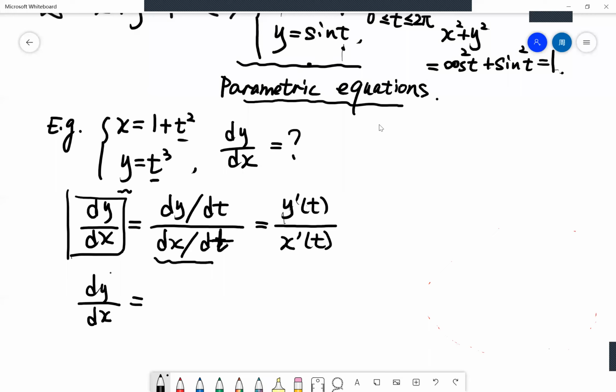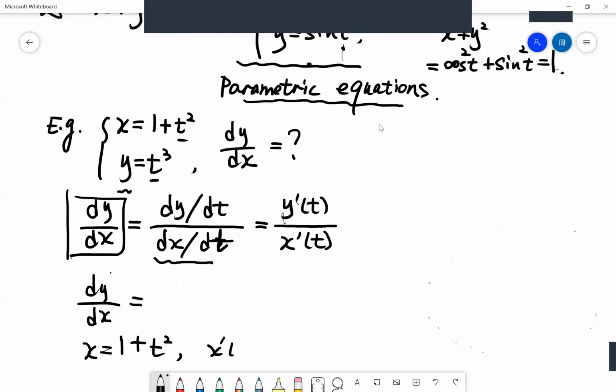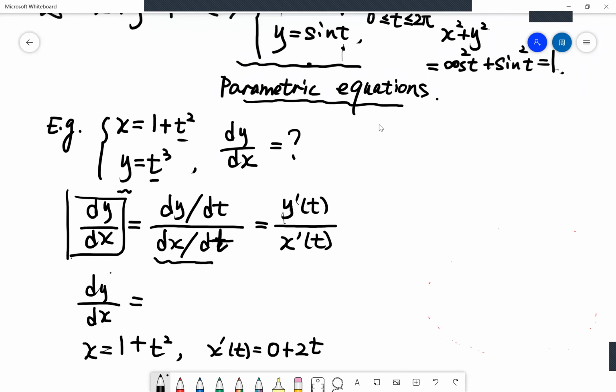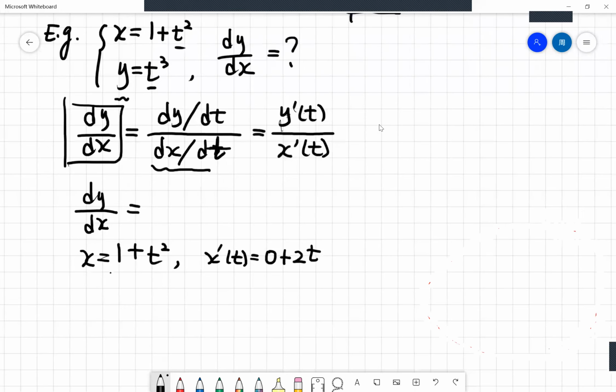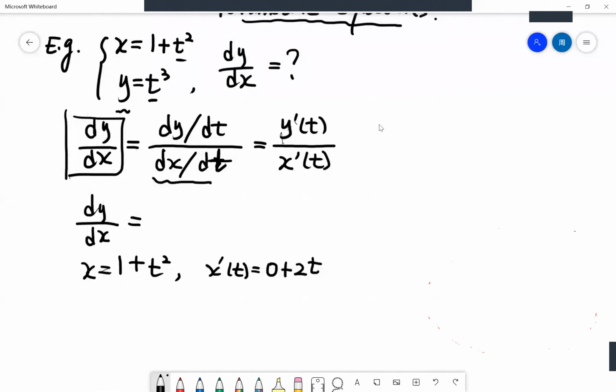Here x equals 1 plus t squared, so x prime of t equals 0 plus 2t, which equals 2t. And y equals t to the power 3, so y prime of t equals 3t squared, right?